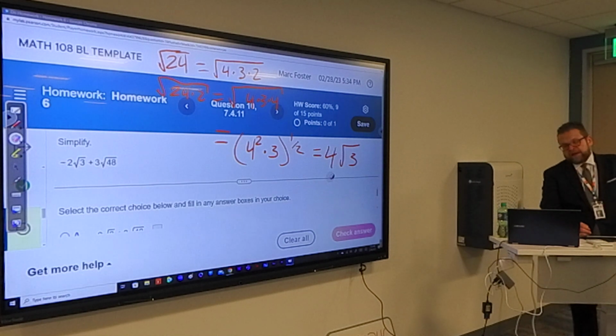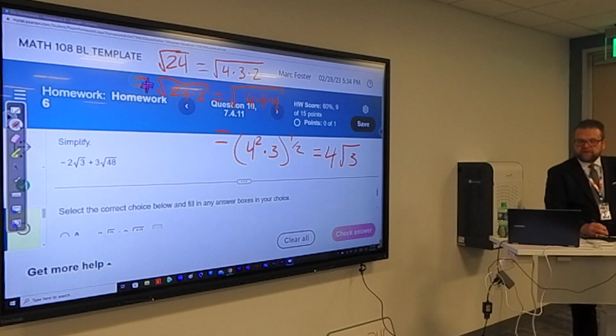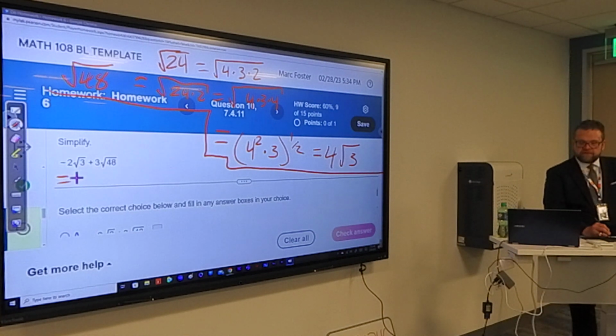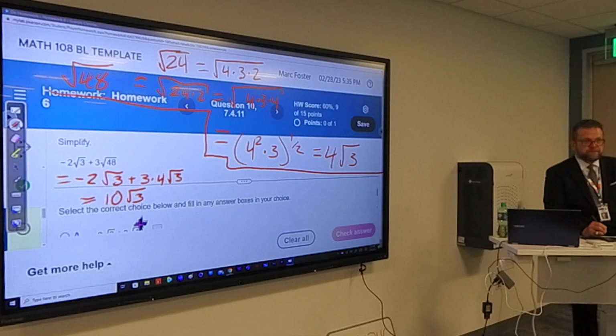So the square root of 48 is 4 square root of 3. This problem they gave us is simplified to be minus 2 root 3 plus 3 times 4 root 3. Ultimately, we get 10 root 3.